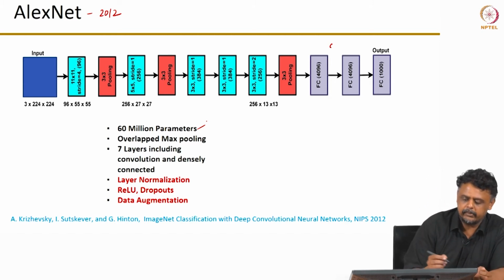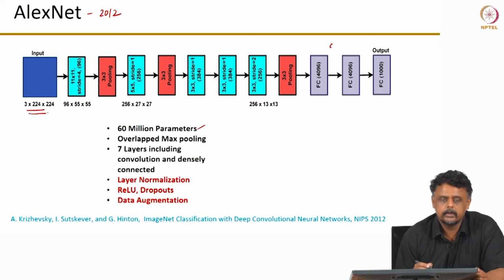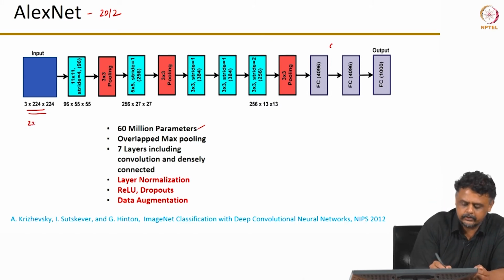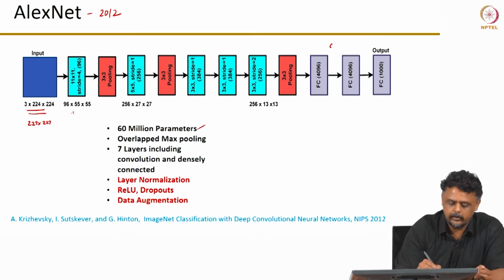For the ImageNet challenge, the inputs are RGB images. So, the input layer is of size 224 cross 224 cross 3, though some sources have pointed out that it should actually be 227 cross 227 in order for the output in the second layer to be consistent.